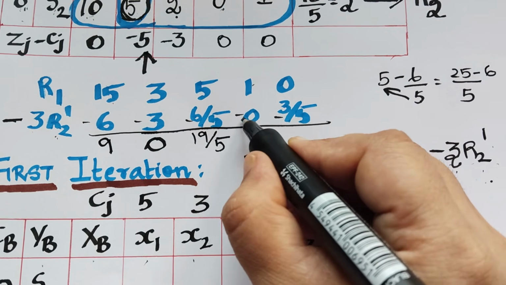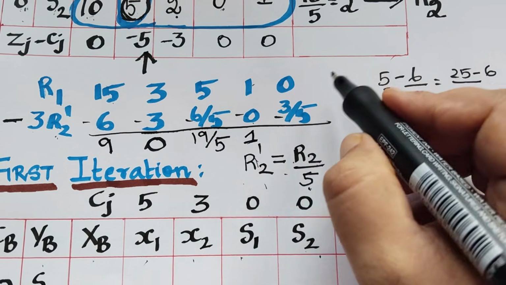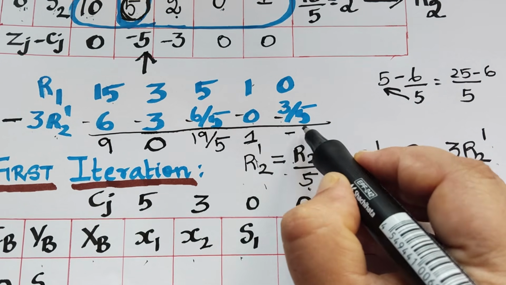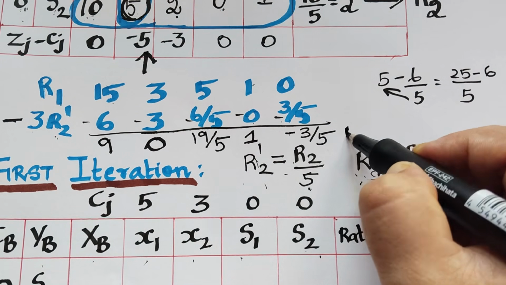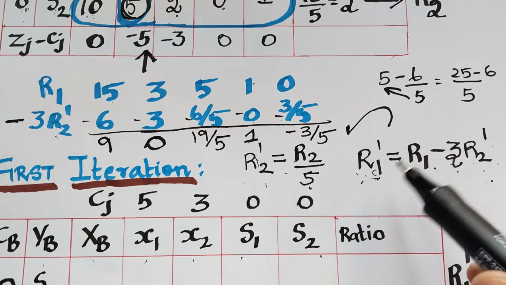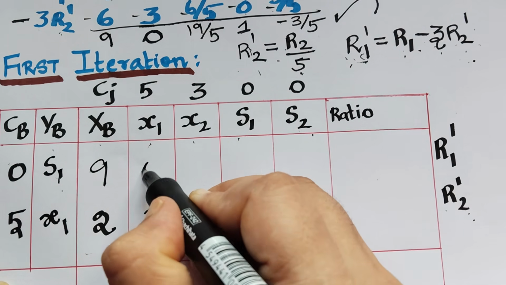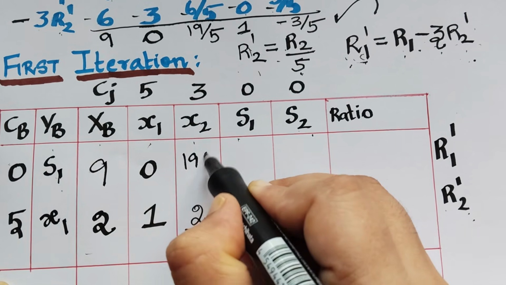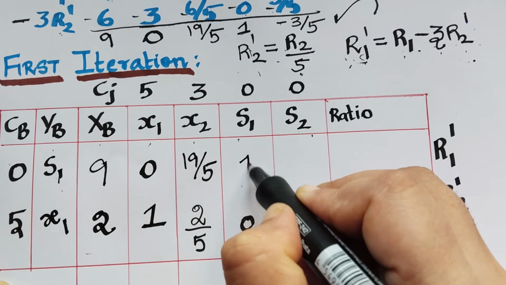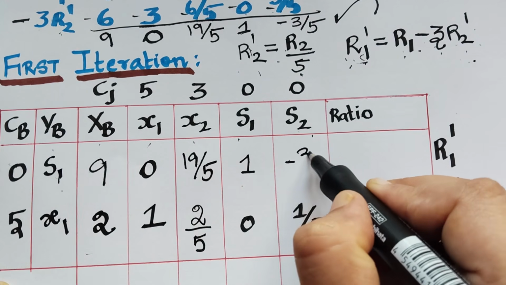And then 1 minus 0 is 1. 0 minus 3 by 5 will be minus 3 by 5. So now we have found this R1 dash. Let us fill this row: 9, 0, 19 by 5, 1, and minus 3 by 5.